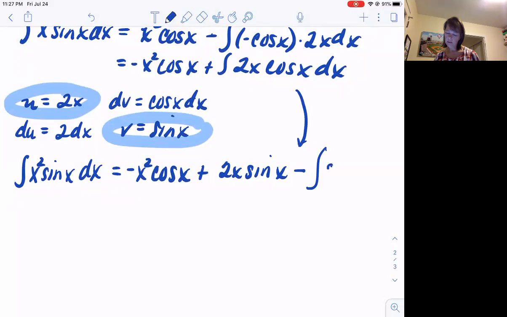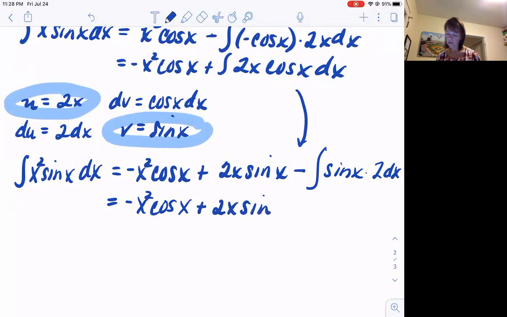That's going to be sine x times 2 dx. So that seems to work out nicely. Negative x squared cosine x plus 2x sine x, and this will be minus 2 times the integral of sine, the antiderivative of sine, which is negative cosine. And then I have the arbitrary constant.